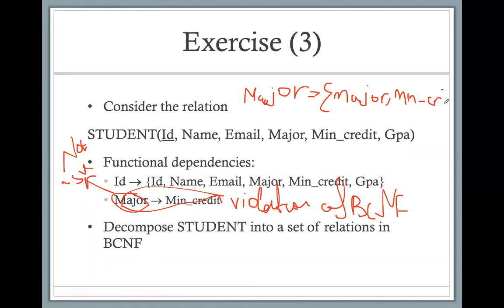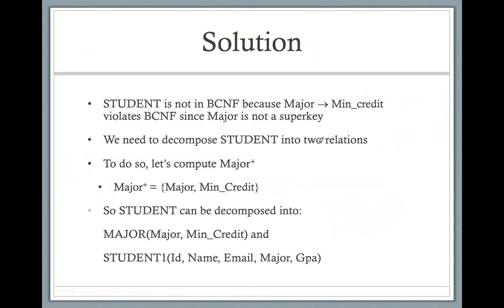I'll shorten minimum credit. So I'll have a table which contains major and minimum credit, because that's the attributes in the closure of major. And the other table would contain all the other attributes: ID, name, email, major, and GPA. Let's see it on the slide.